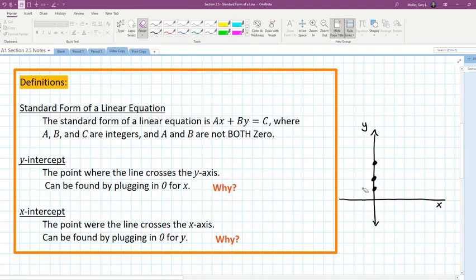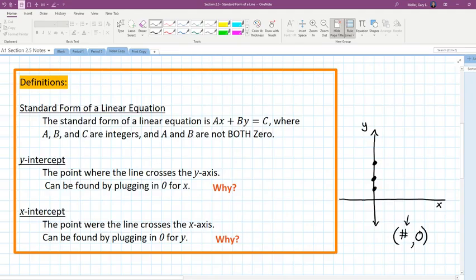And then the same thing, the x-intercept, is the point where the line crosses the x-axis. And that can be found by plugging in 0 for y. And my question is, how come? The answer, again, is pretty obvious. If you are plugging in 0 for y, then you are letting y equal 0, and you're solving for what x value.